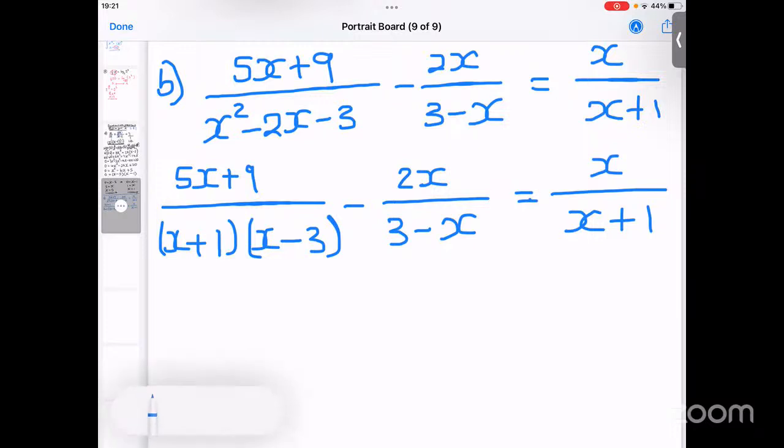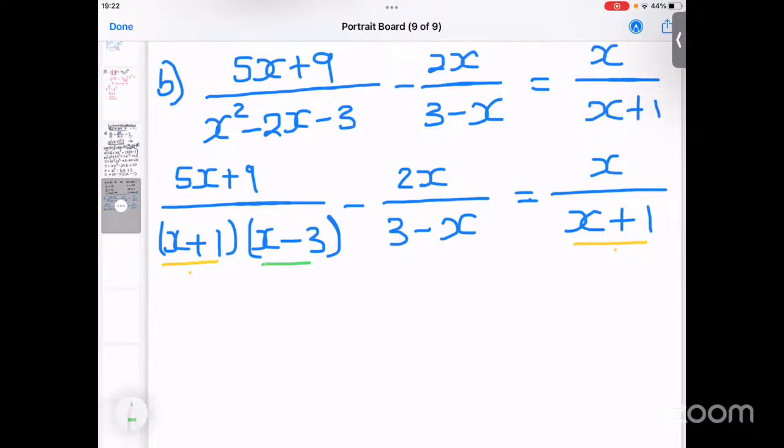So notice something. Because we have factorized, this and that are the same. So we already have our common lowest denominator there. But this one is not the same as that one.